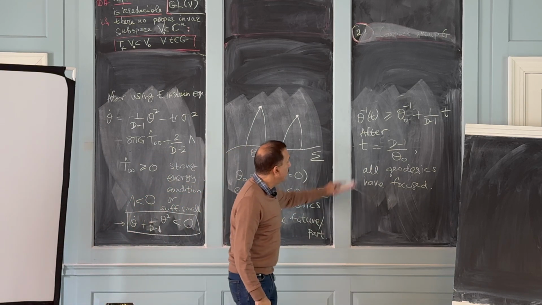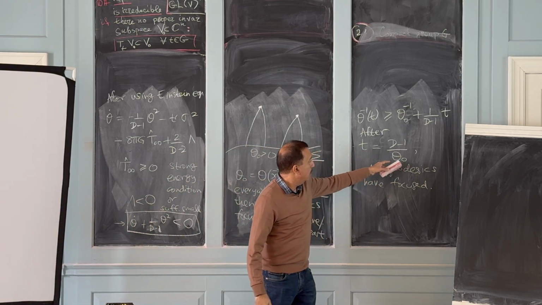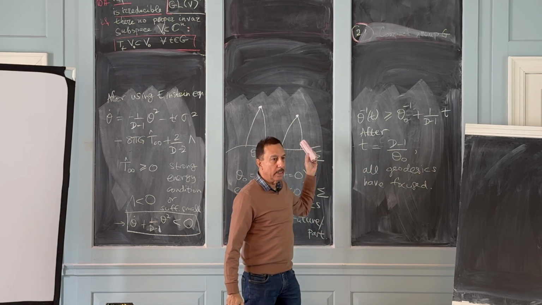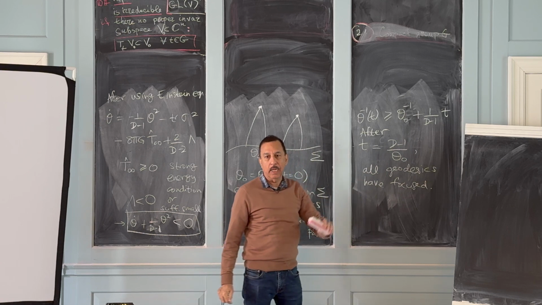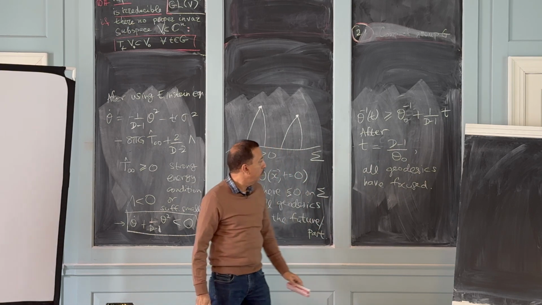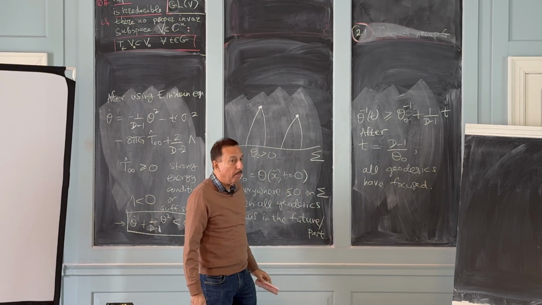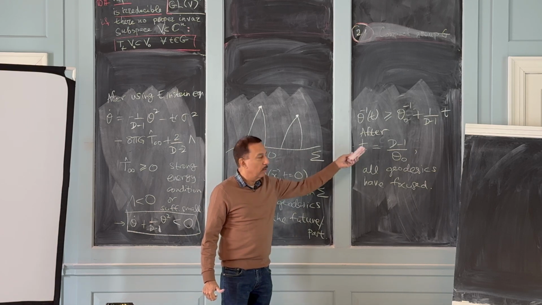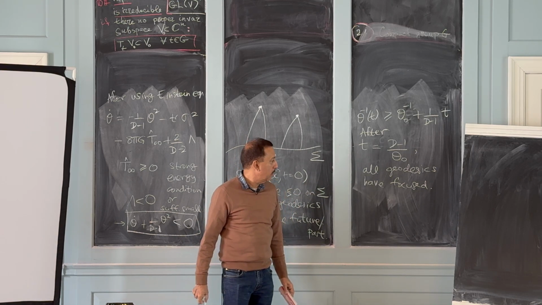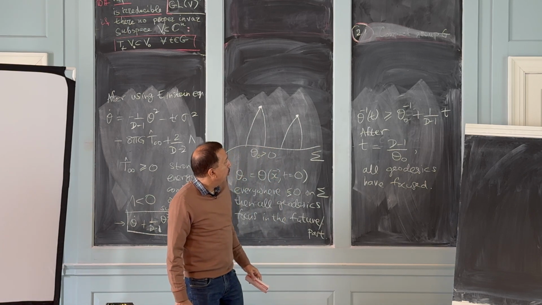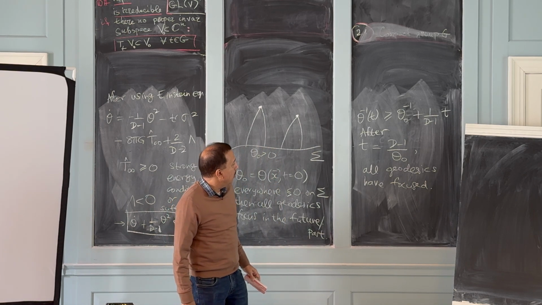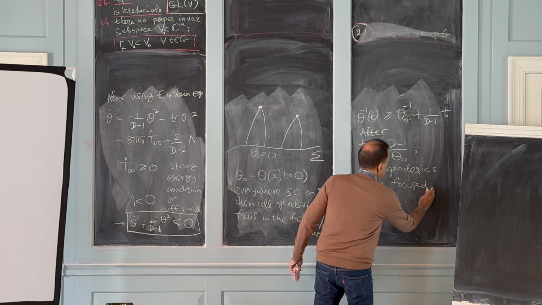So this is an important time scale. It says given the value of theta on this initial surface, all geodesics will have focused by a time scale of this order. Theta has dimensions of inverse time, so 1 over theta has dimensions of time, and that's exactly what this time means.